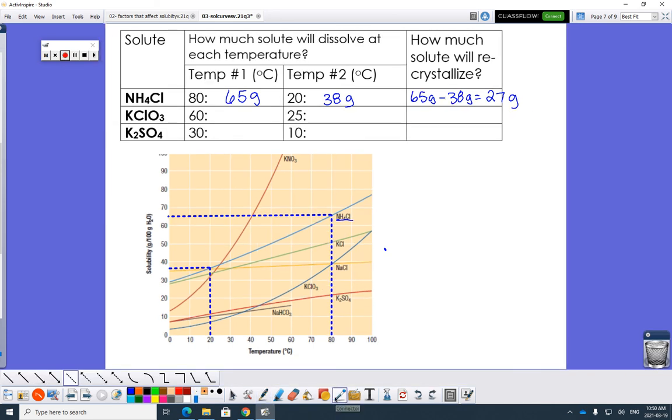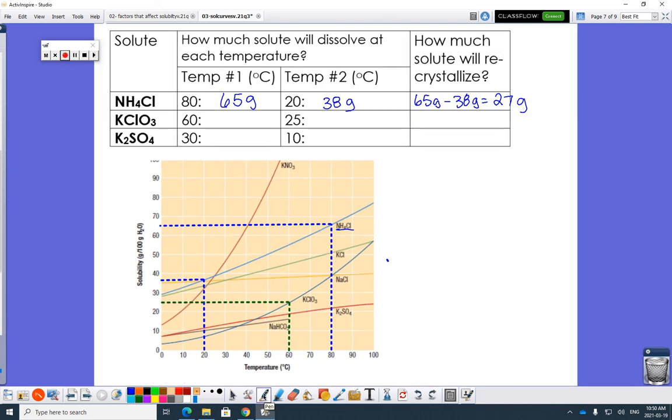So I'm going to pick a different color and go to KClO3. This time it was 60 and 25. I'm going to say 25. It's pretty close to 25 grams.